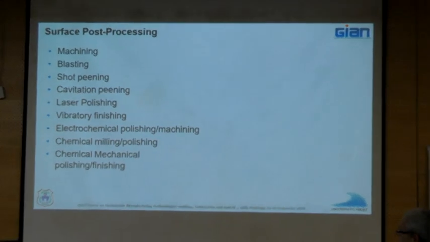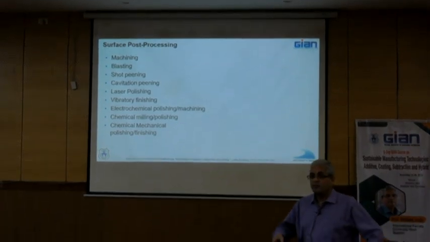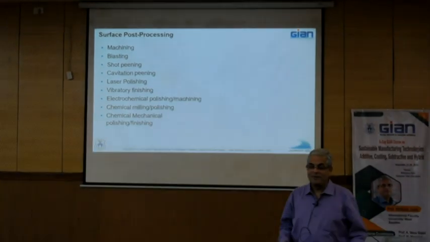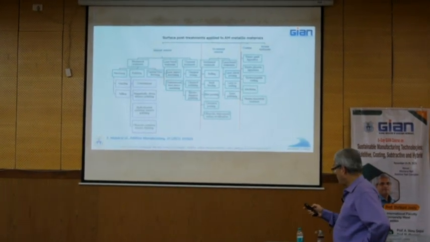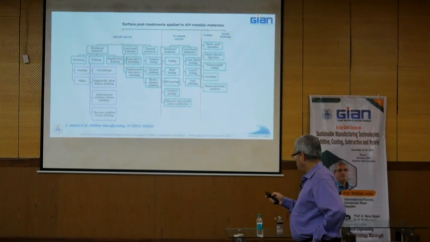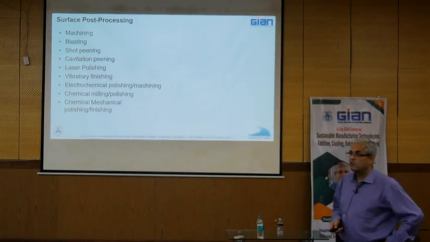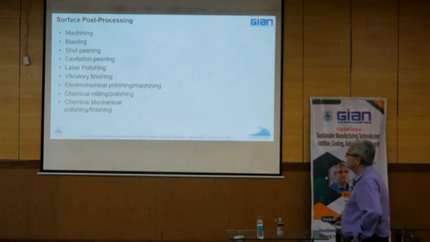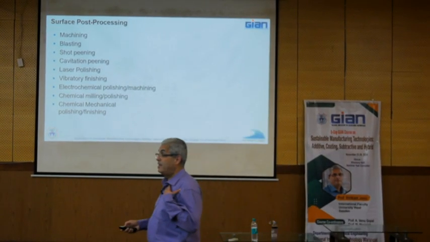Just before the break, I was talking about this slide. So from that very complicated table on the previous slide, I have tried to extract some of the surface post-treatment tools, which according to my collaborating industrial partners, they use.